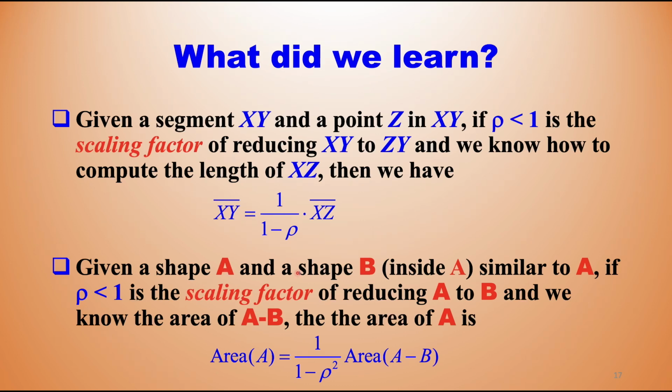Given a shape A and the shape B inside A, and it is similar to A, if rho is the scaling factor of reducing A to B, and we know the area of A minus B, then the area of A is this. So linear, two-dimensional, linear, two-dimensional, linear, two-dimensional.